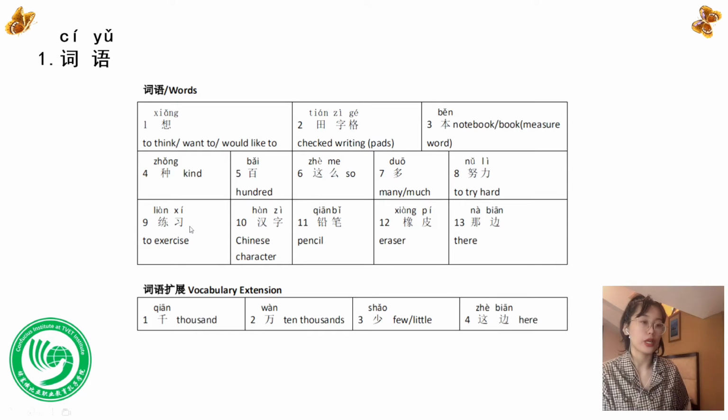You could also say I try hard to exercise Chinese, or I try hard to practice Chinese. 我努力练习汉语, or 我努力练习中文. Okay.